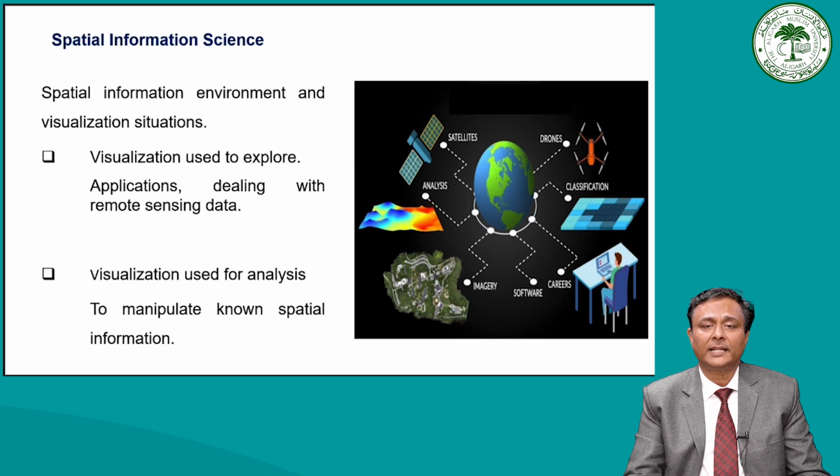Secondly, visualization can be used for analysis also, for instance, in order to manipulate known spatial information. In a planning environment, the nature of 2 separate spatial information sets can be related to draw some inferences, like rainwater accumulation within any low-lying area.